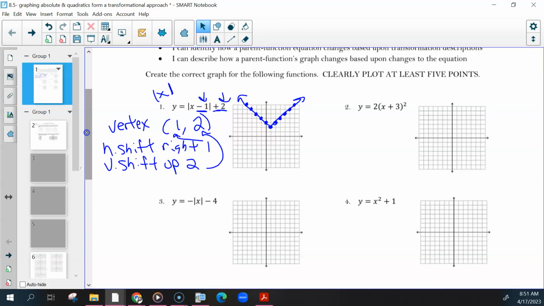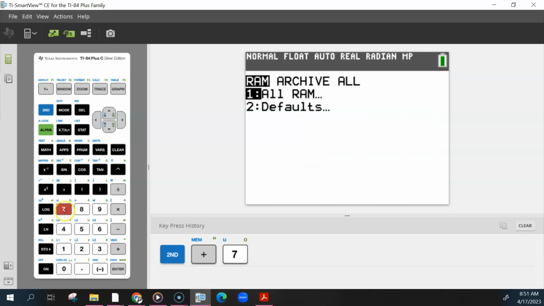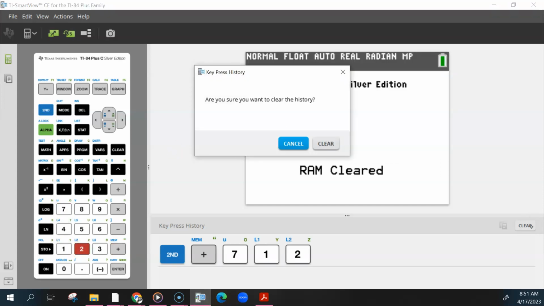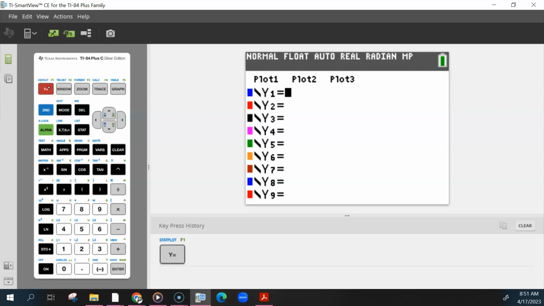Reset your calculators before you do anything else. Second plus 7, 1, 2. Put that equation into your y equals.